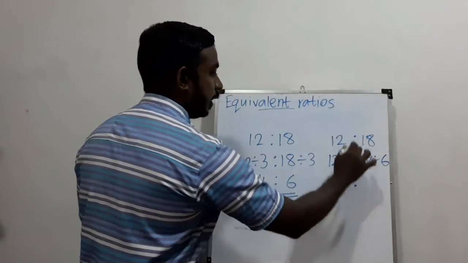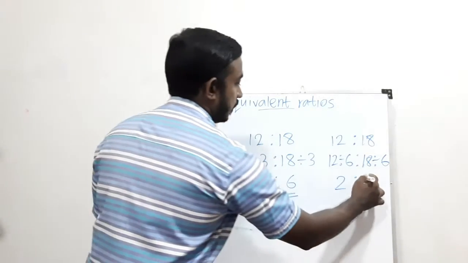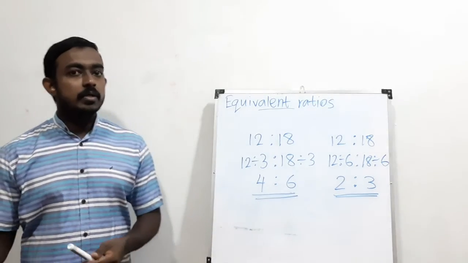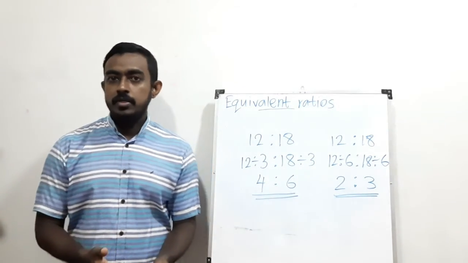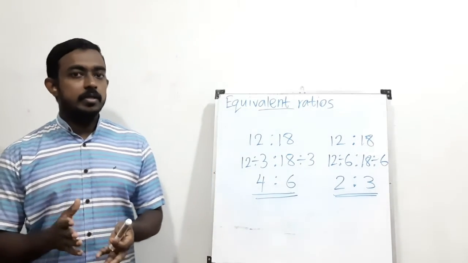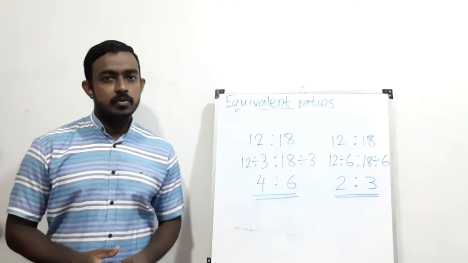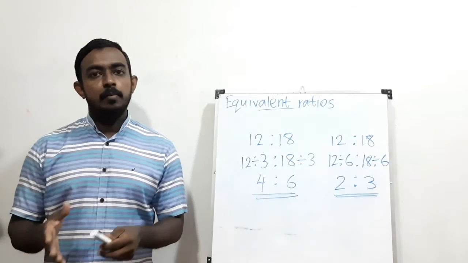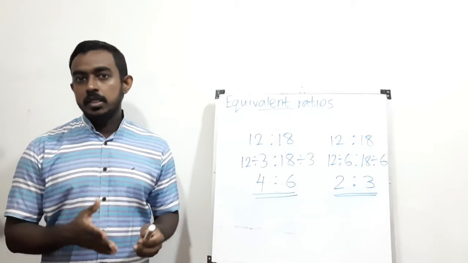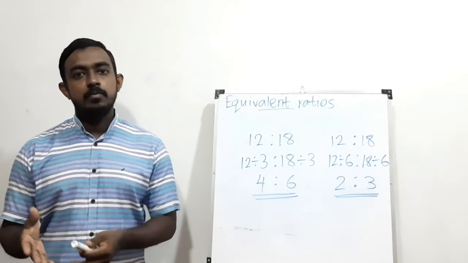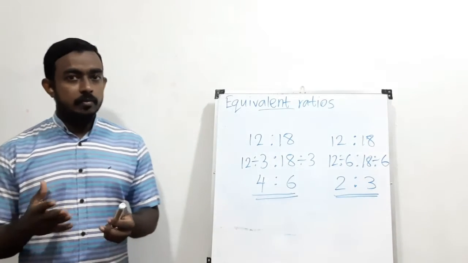Then when I divide 18 by 6, it will be 3. So there is another method to make equivalent ratios, that is to divide. So my dear children, keep this in your mind. We can make equivalent ratios by multiplying the terms by a certain number, or divide all the terms by a certain number. So keep that in your mind.